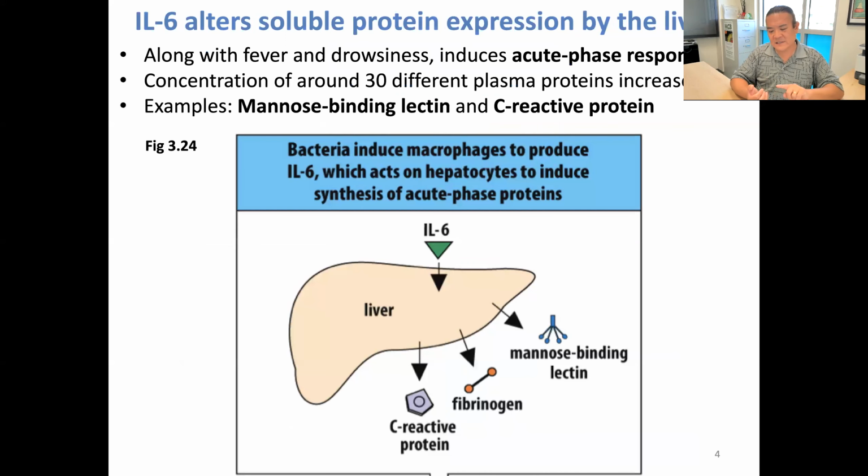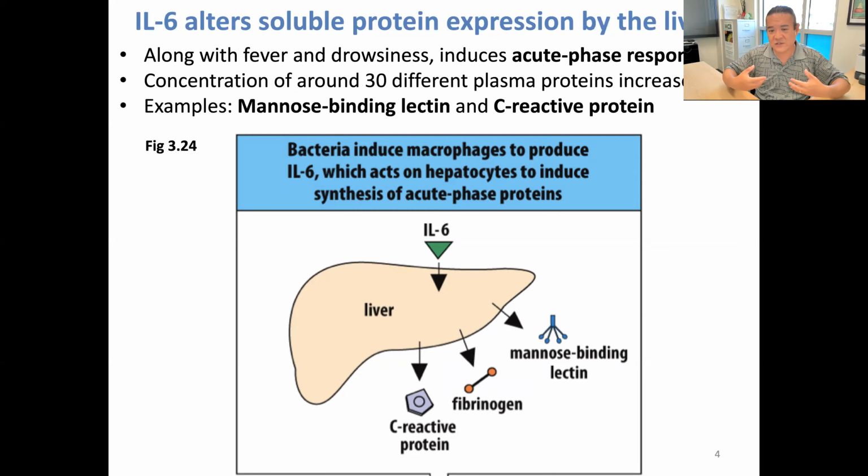One of the important induced responses that is carried out by IL-6 signaling is what we call the acute phase response, and this is mediated by your liver. So IL-6, this little green triangle here, is a small cytokine protein that was released from the site of infection, an infection that has now lasted for more than a day. So clearly your immune system has to do something more than just let the macrophages and complement proteins take care of it.